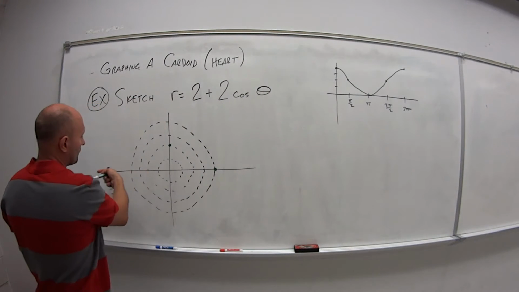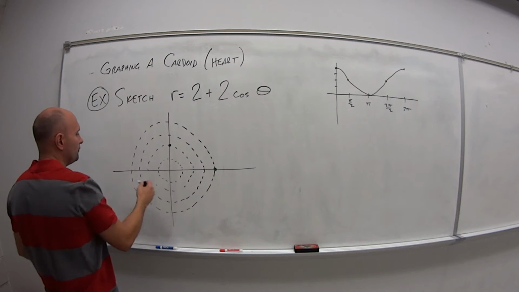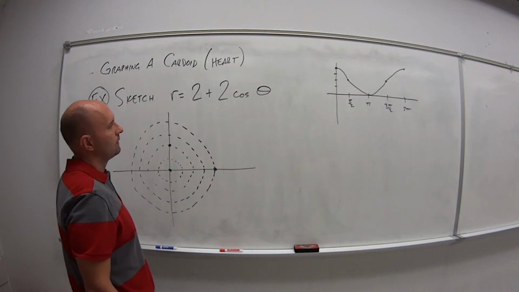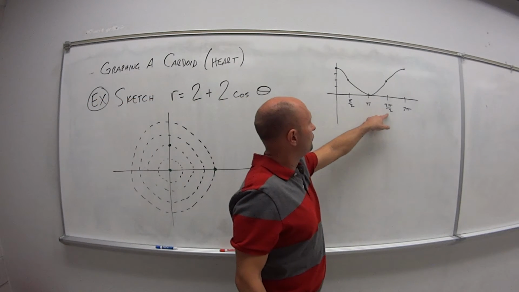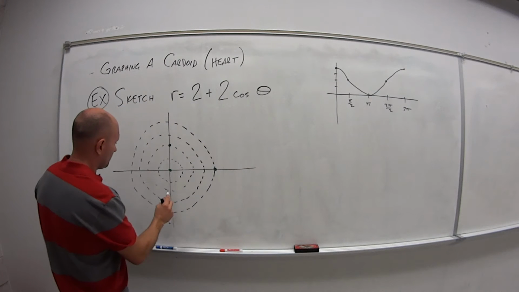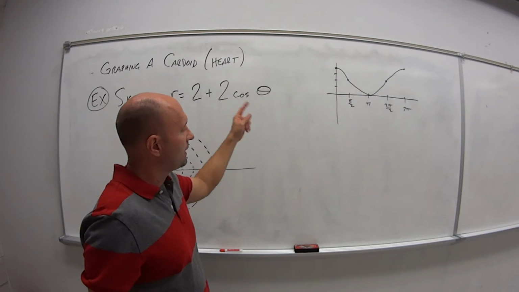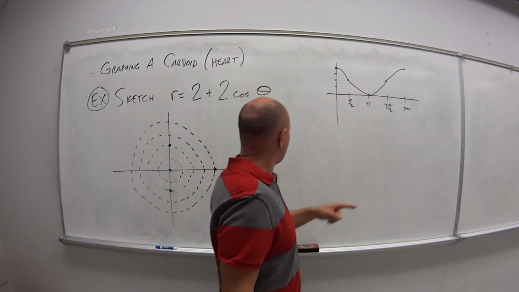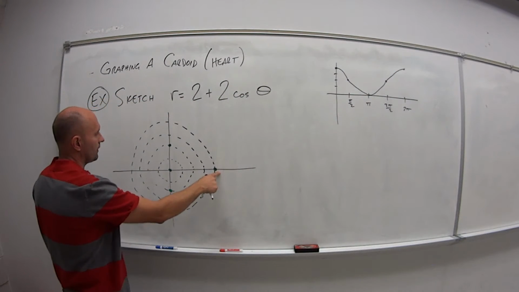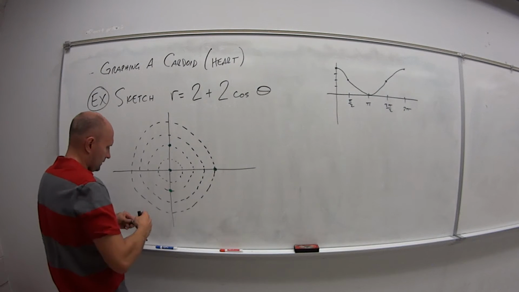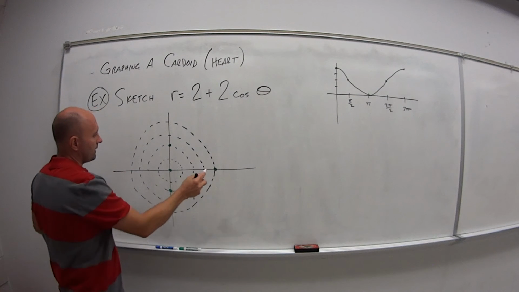So pi is off to the left, but I need to move 0 units out that way, which means I'm here. At 3 pi over 2, I'm back out to 2 units. And then at 2 pi, as I make my way totally around the circle, I'm back out to 4 units, which is here.